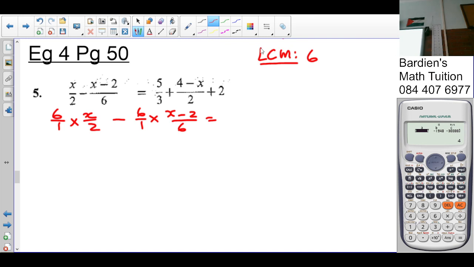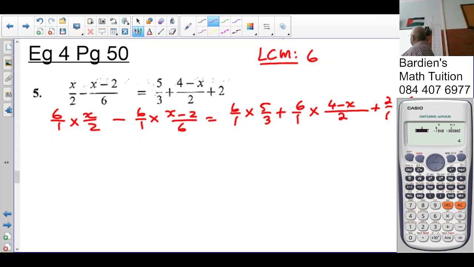Equals. Carry on. 6 over 1 times 5, plus 6 over 1 times 4 minus, plus 2 over 1 times... So simplify. Get rid of the fractions.